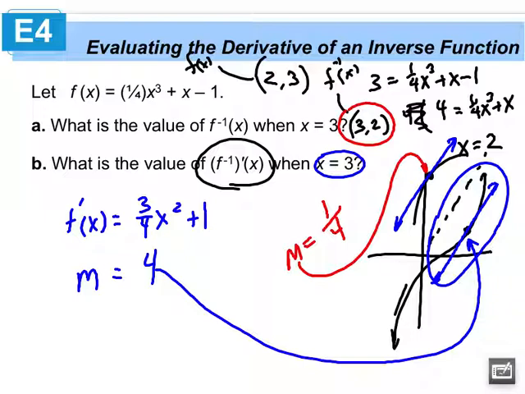Found that slope, flipped it over, done. Okay. So is 4 the slope for f of x? Yeah. Good question. That's f of x. This is what we're looking for, which is f inverse prime of x, or of 3, I should say. Okay? Good.